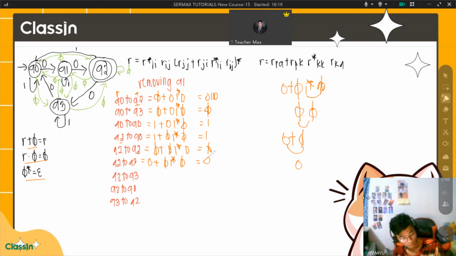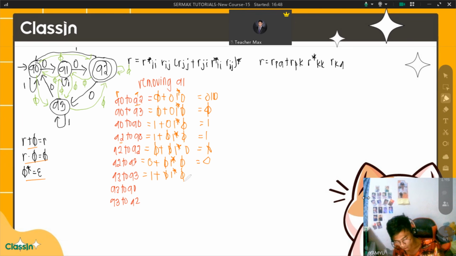Okay, hopefully that's clear. Now, afterwards, for Q3 to Q3, 1 plus Q3 to Q1, that is null. Then Q1 to Q1, that is 1 with the clean star. Q1 to Q3, that is null.